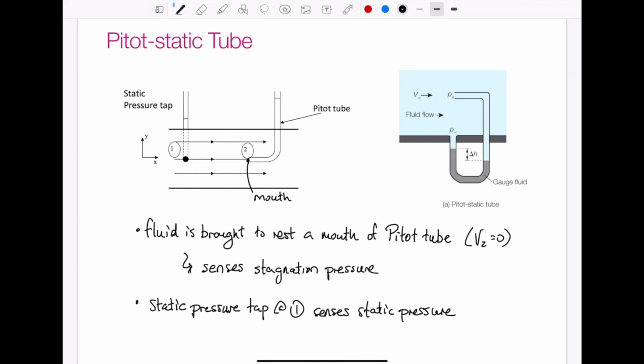So notice that before we were talking about a pitot-static probe. A pitot-static probe was one device, and it had the static pressure tap attached right to that probe, right to the pitot tube. In a pitot-static tube, we have a slightly different system where, in either of these configurations, we have a pitot tube that is measuring the stagnation pressure, and then a pressure tap along the wall of the fluid flow device.